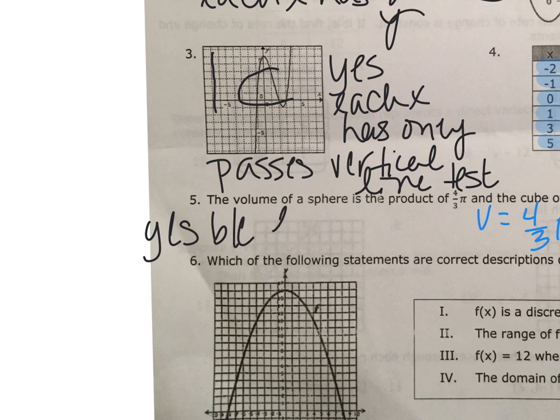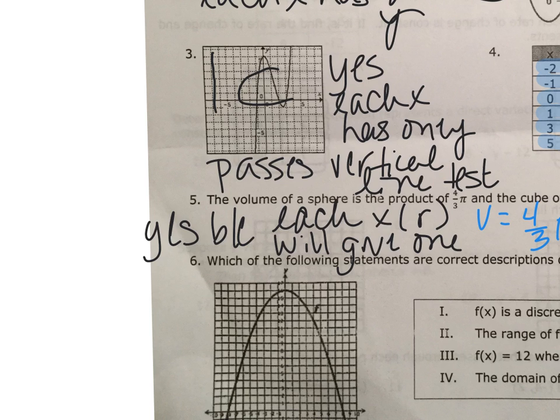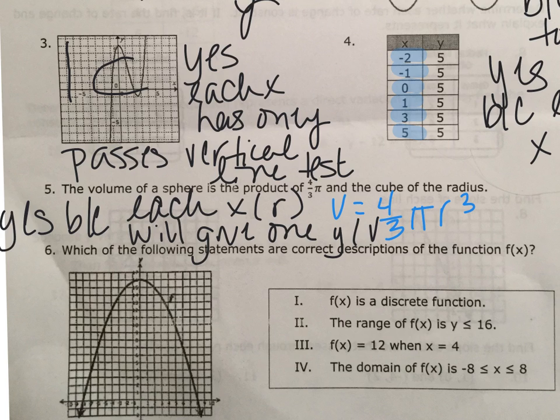Because each x, or in this case r, will give one y, in this case volume. We talked about in class, you're not going to have two spheres with the same radius give you two different volumes.